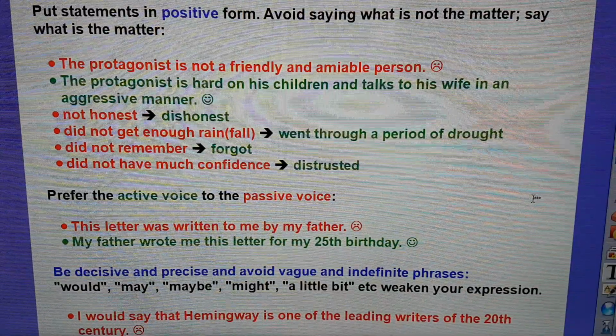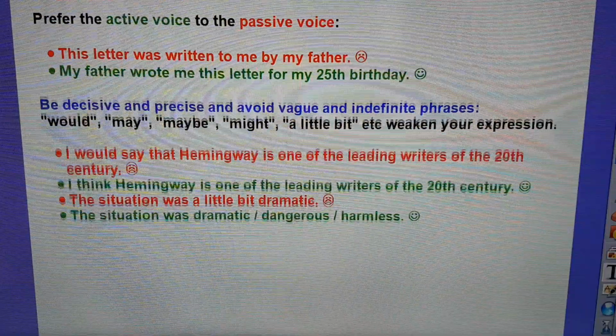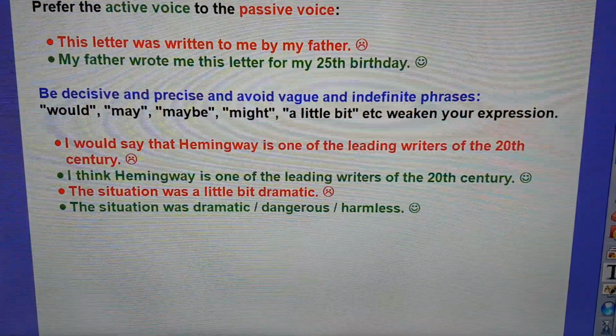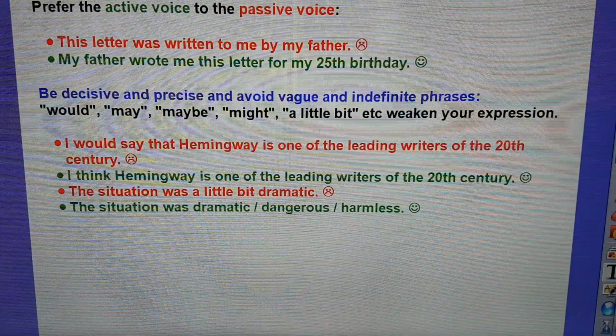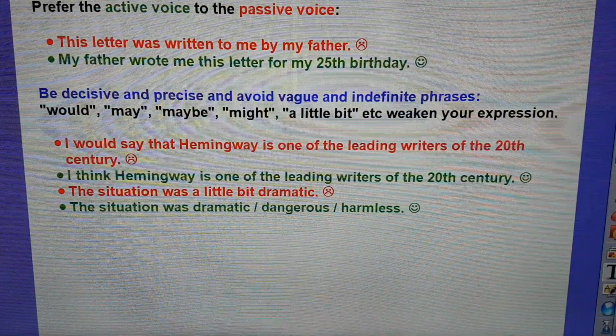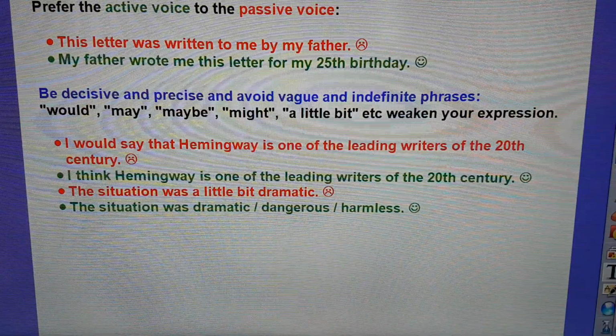Okay, and the next thing, prefer the active voice to the passive voice. The active voice is a lot more common and natural in English than it is in German.